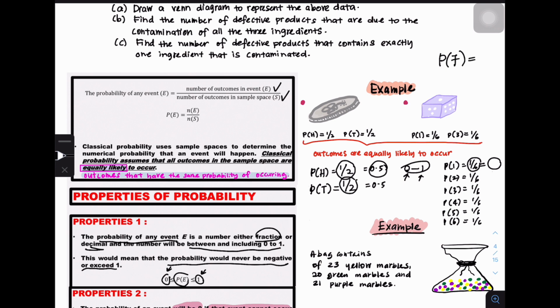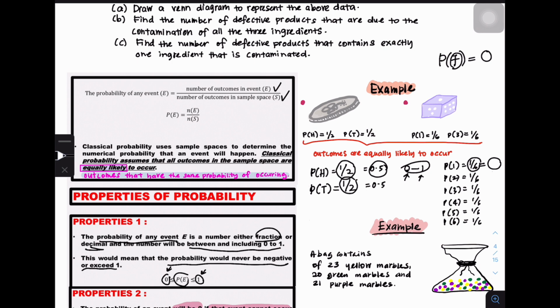Ada tak dekat dadu nombor 7? Tak ada. Okay, so bila tak ada, maksudnya kemungkinan atau kebarangkalian saya nak dapat nombor 7 bila saya campak dadu adalah kosong. Kerana it impossible to happen. Tak mungkin akan berlaku sebab tak ada pun nombor 7 dekat dadu.